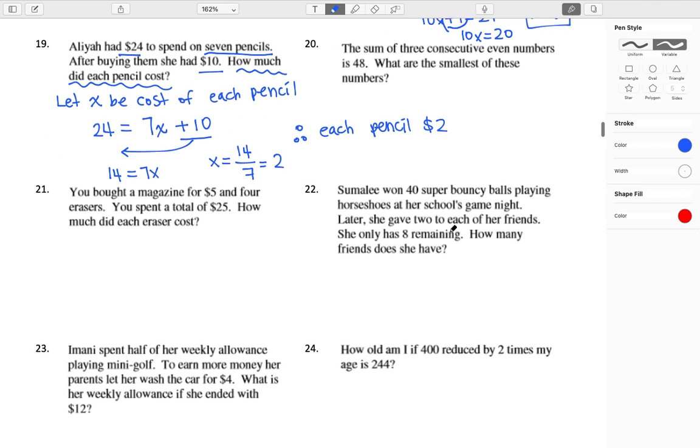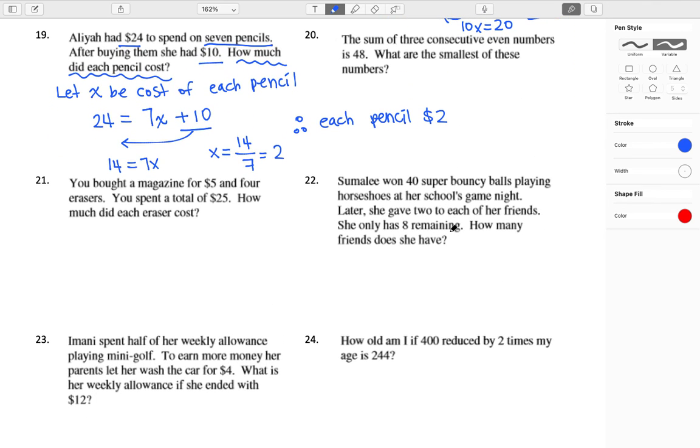Now, what about number 22? Sumali won 40 super bouncy balls playing horseshoes at her school's game night. Later, she gave 2 to each of her friends. She only has 8 remaining. How many friends does she have? So we could say, let x be the number of friends that she has.